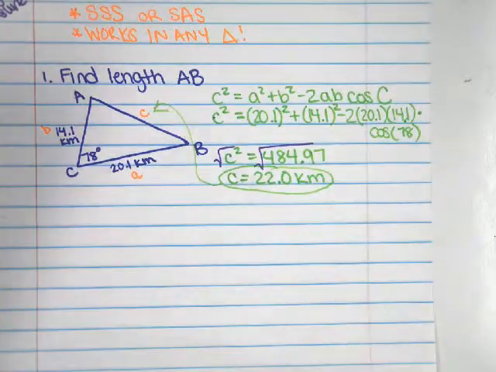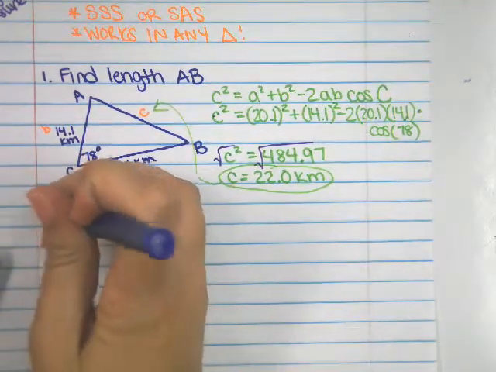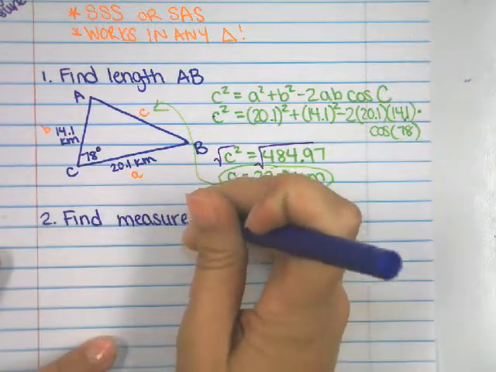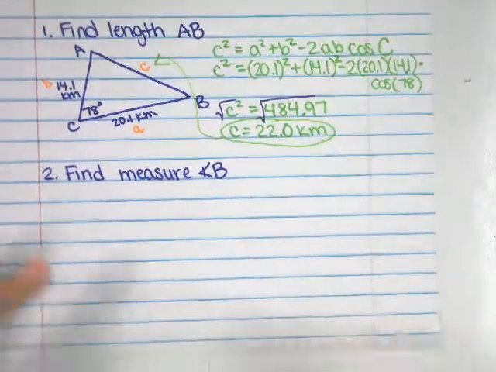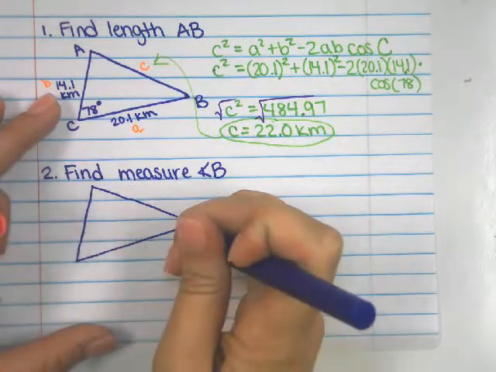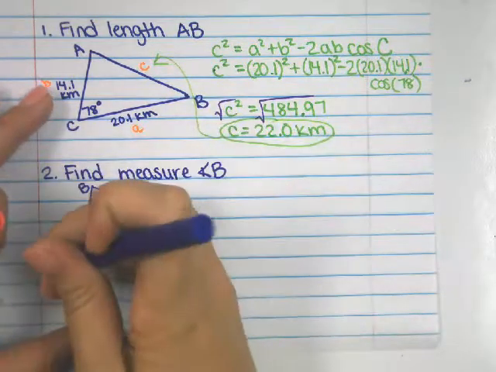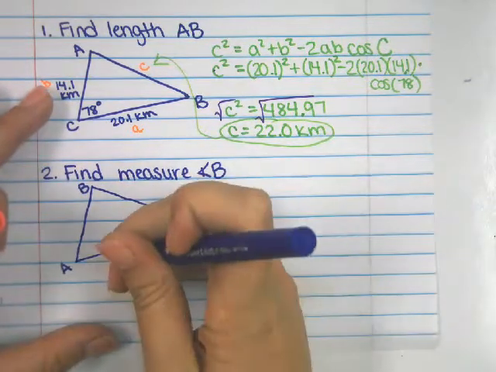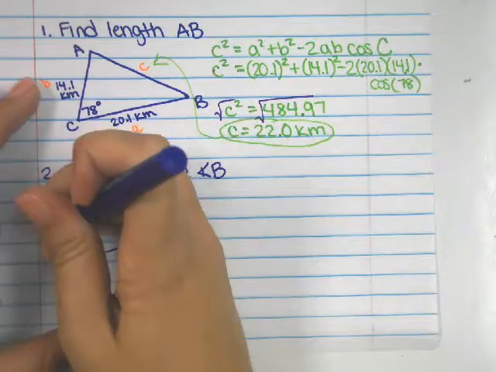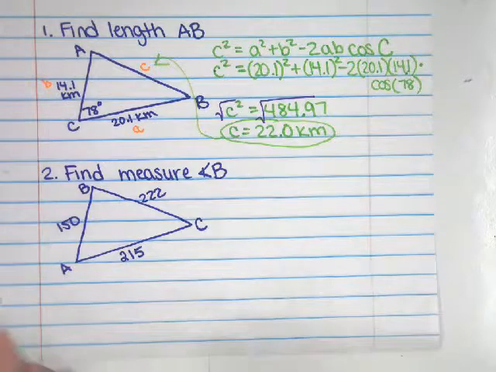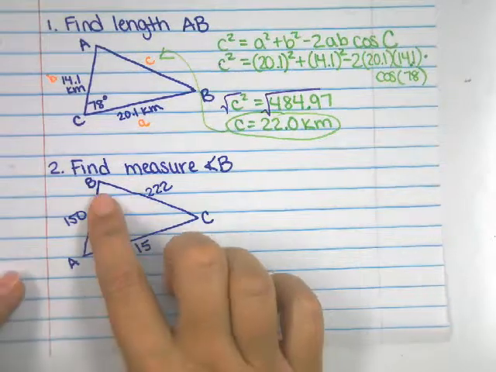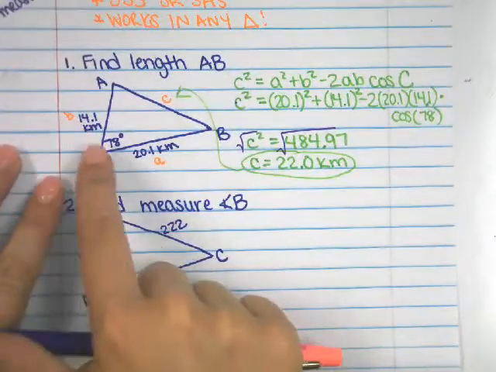Okay, let's do an example of where you're finding an angle. This is an example of side, side, side, because I have a triangle and I have all three sides of this triangle, and I want to find angle B. The last one was side, angle, side.